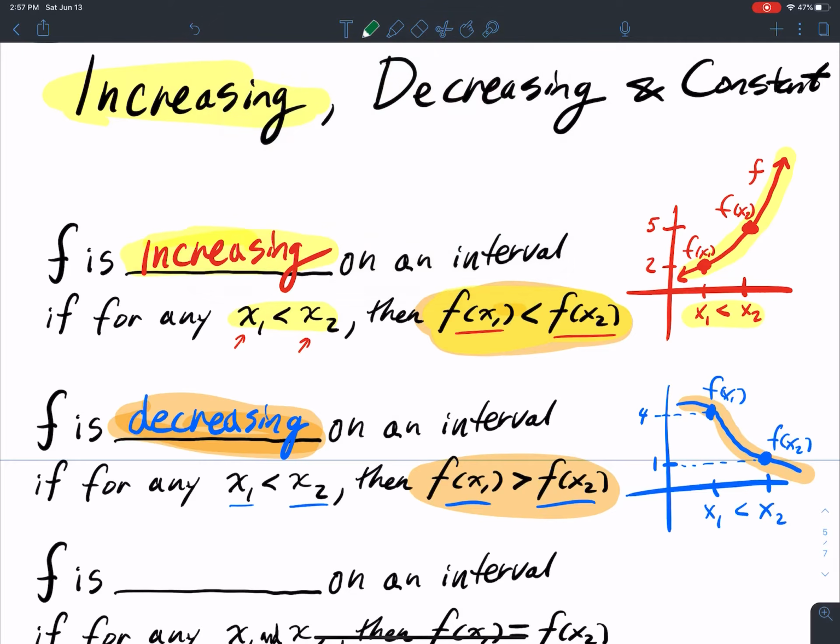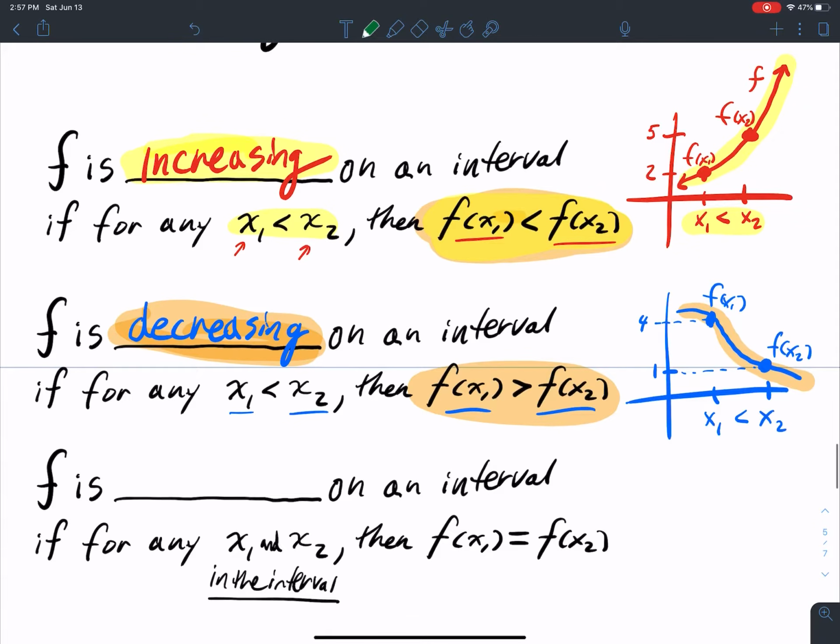All right, the last option is you could be increasing, you could be decreasing, or you can be constant. But it has to be one of those three things if you're a continuous function, or at least continuous on that interval. So say we have this interval, and no matter what x value I pick, the output is always the same.